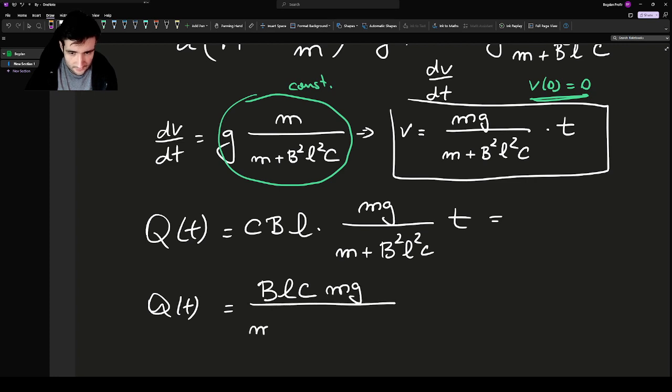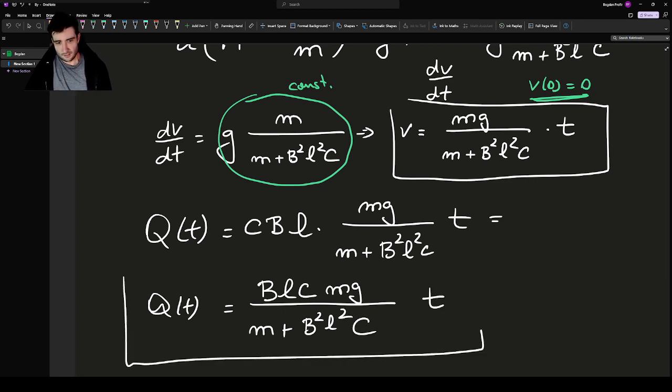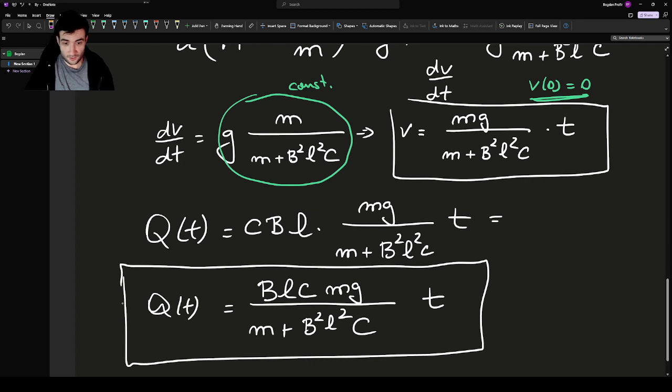I'll put the time afterwards, plus b squared L squared C t. So there are a lot of variables in this question. Well, not variables, there are a lot of variable names, I guess. There's B, L, C, and there's M, and then there's time.